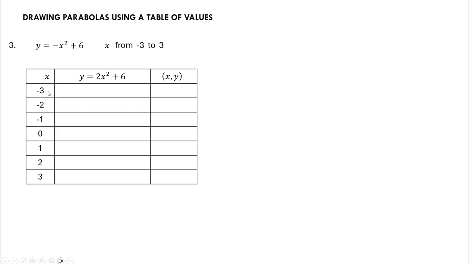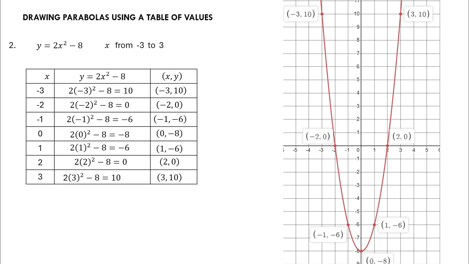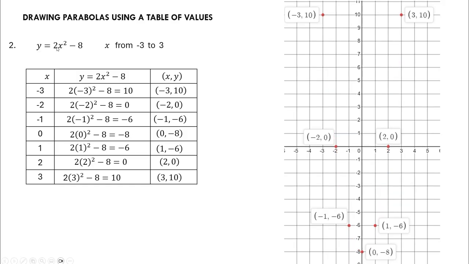Question 3 gives us the equation y equals -x squared plus 6. Now this is the first time in this homework that we've seen the negative sign, and that's going to have a little effect on our graph. So if we go back to question 2 and question 1, we'll see in both cases the x squared values have had a positive coefficient here.